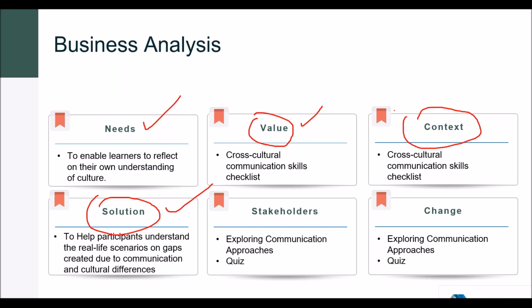Because of that, the solution differs from one organization to another organization. Otherwise, we would not need to have so many IT companies itself, right? One standard software, it works everywhere. So that is what is referred to as context. Every organization is different from the other. Their context is different. So the solution has to be customized based on the context.